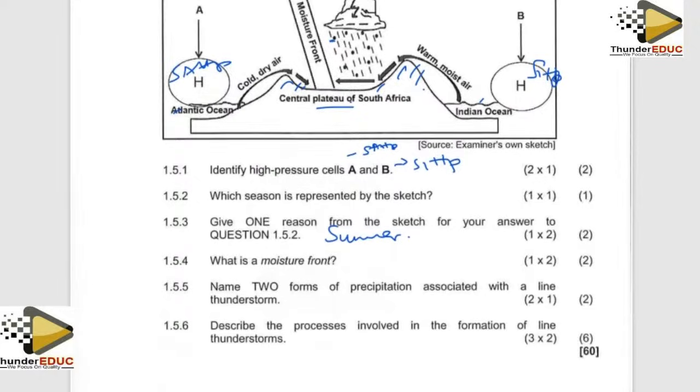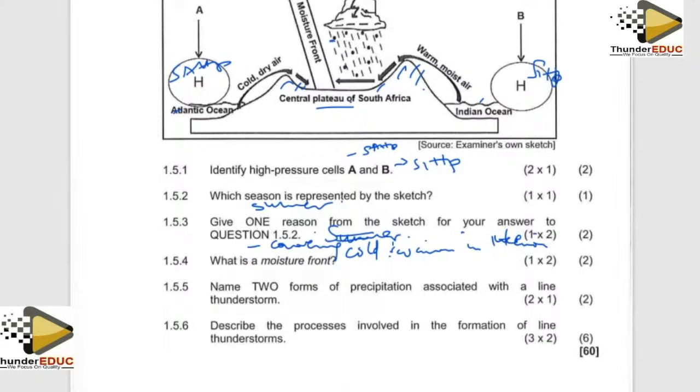The next question says, define a moisture front. Sorry, first it says which season. The season is summer. After summer, they said give one reason. The first reason is converging cold air and warm air in the interior.